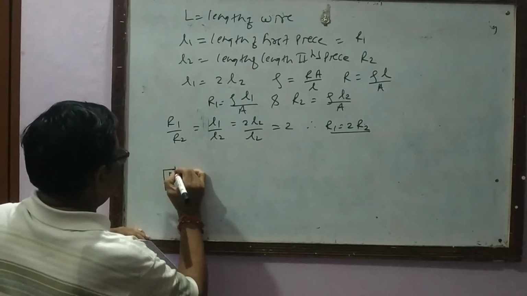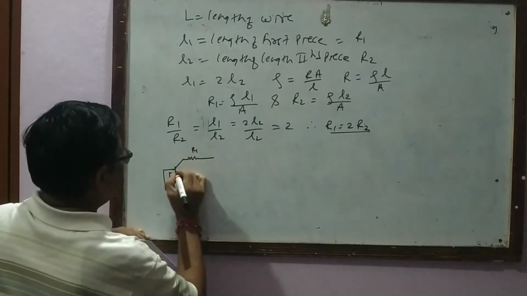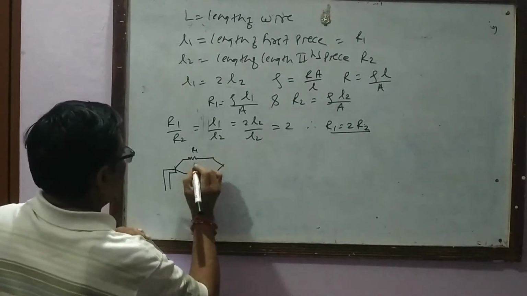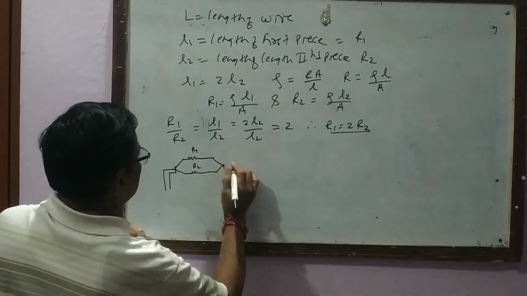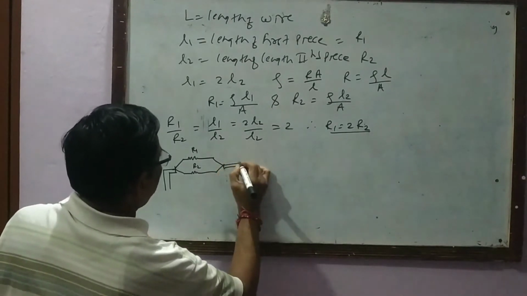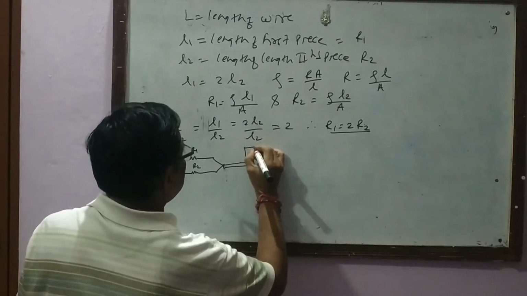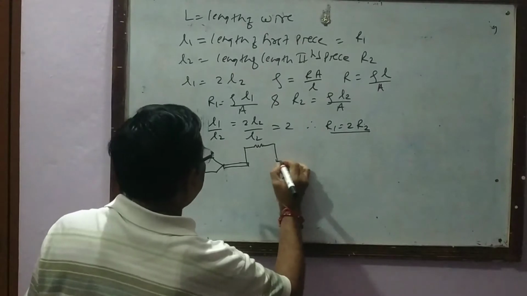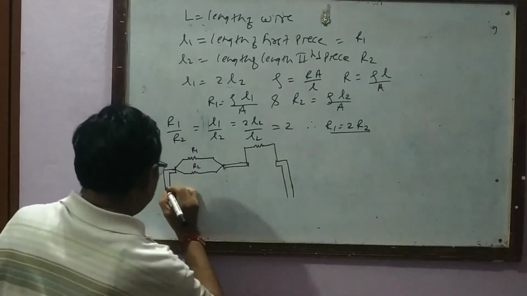They are connected in parallel. This is the central point, and another resistance R is connected in the other gap, and this is the middle piece.